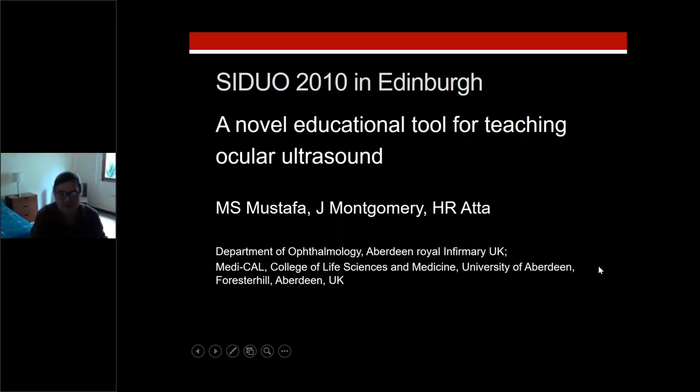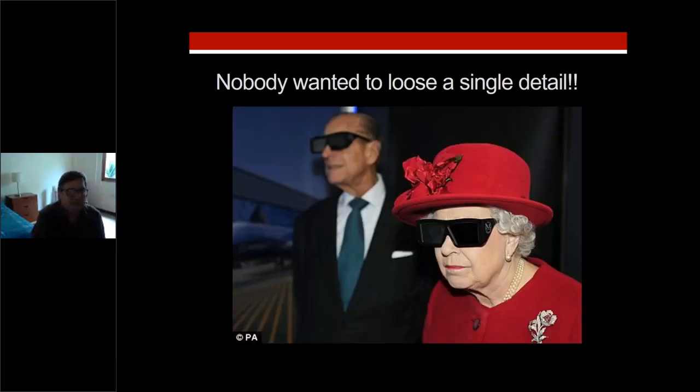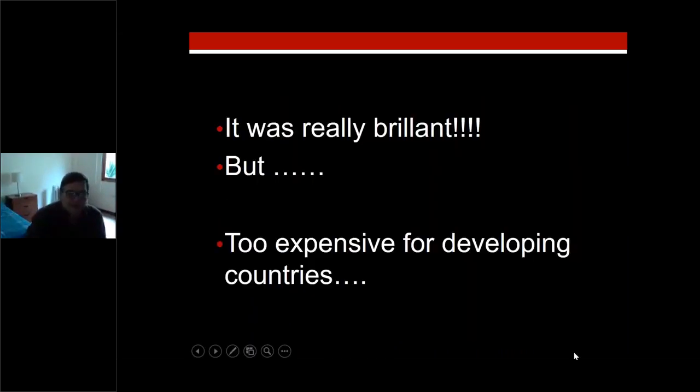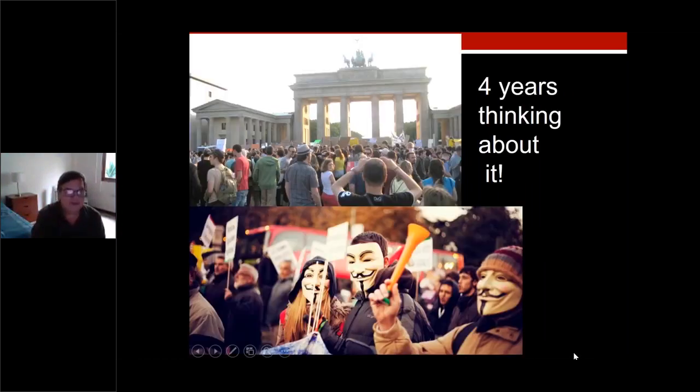It was a computer system, a 3D recreation. At that time, it was a fortune. Really brilliant, but too expensive for our countries. For four years we thought about the next CIDO, and we decided it was too much money to invest.